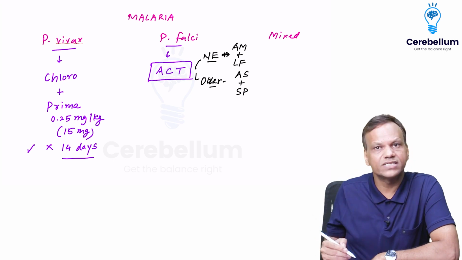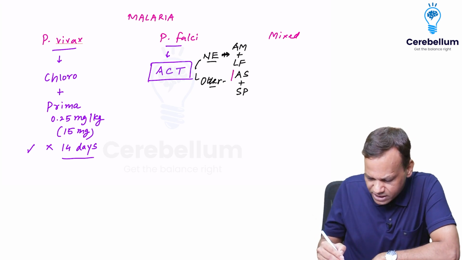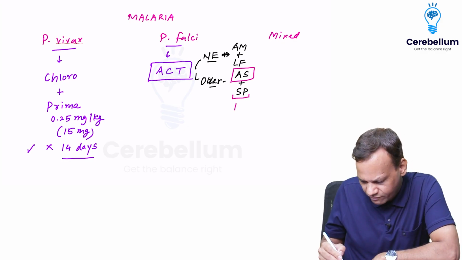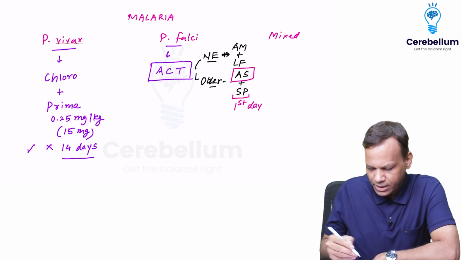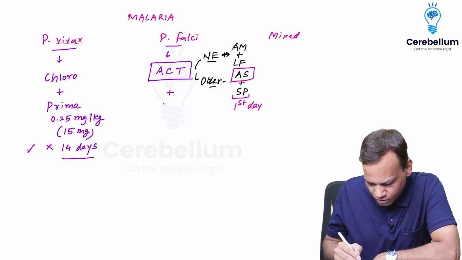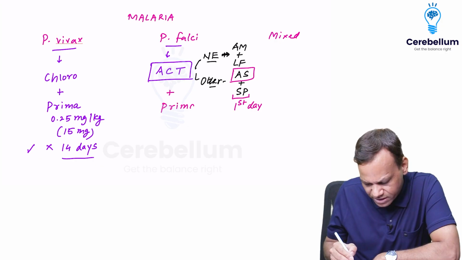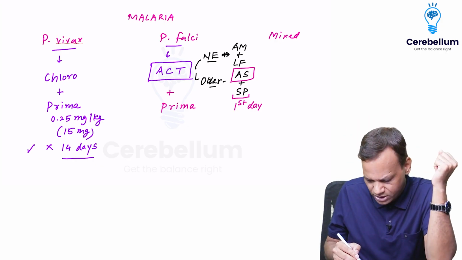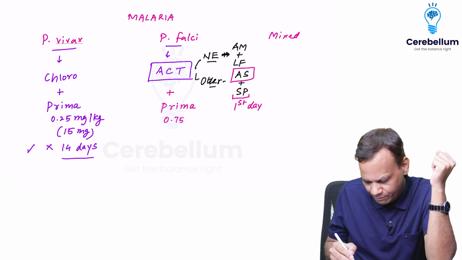But how to use this is, the artesunate is given for 3 days, whereas sulfadoxine pyrimethamine is given only on the first day, one tablet only. Then second thing, apart from this, we also give primaquine, but the role here is different. It is mainly to kill gametocytes, and the dose is 0.75 milligram per kg, and that is given as a single dose on day 2.